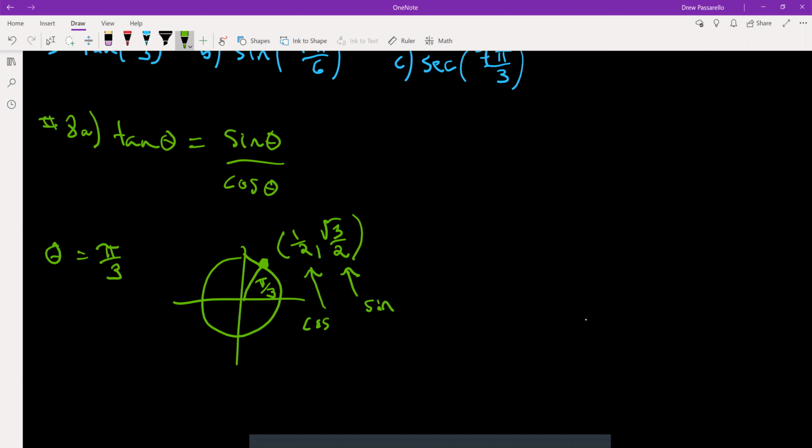So tangent of pi over 3 is sine of pi over 3 over cosine pi over 3. Sine of pi over 3 is square root of 3 over 2.